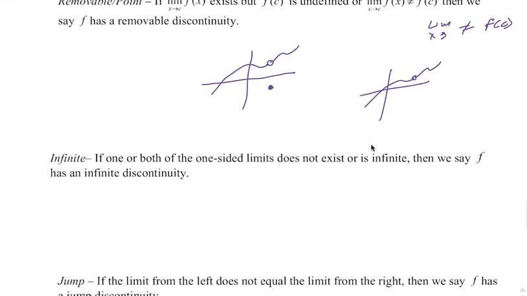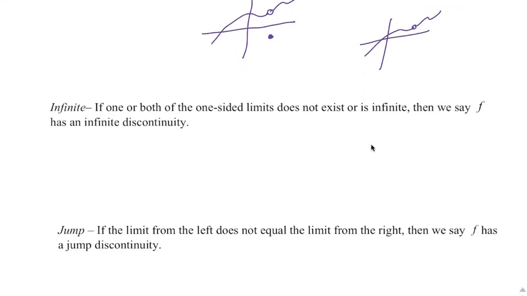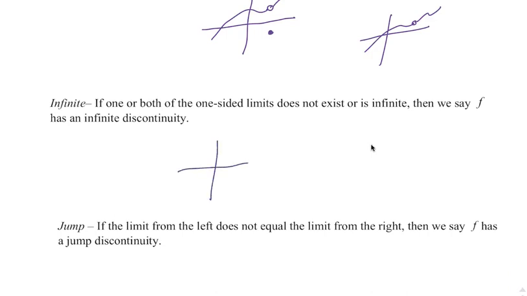Infinite discontinuity, just like it says. If you have a graph and you have a vertical asymptote, that's called an infinite discontinuity. Because there's no way we could hop through these to get to the other side. So this is generally with vertical asymptotes.